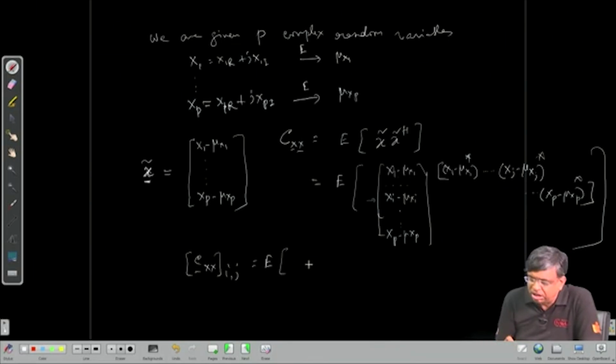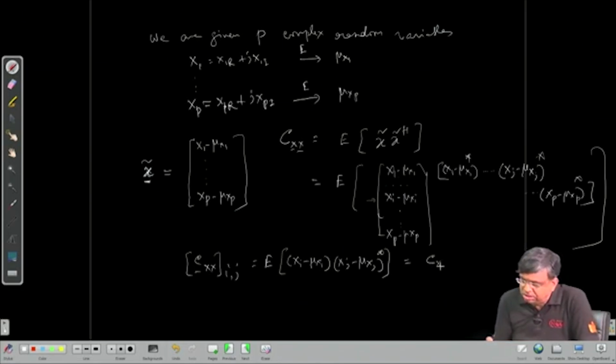It will be only the random variables like real part of x_i, imaginary part of x_i, real part of x_j, imaginary part of x_j, just 4 of them present, others drop off. And I have got x_i minus mu x_i, x_j minus mu x_j transpose, which is covariance by your definition between these two random variables. That is C x_i x_j. This is not matrix, this is scalar. So, that is why it is called complex covariance matrix.